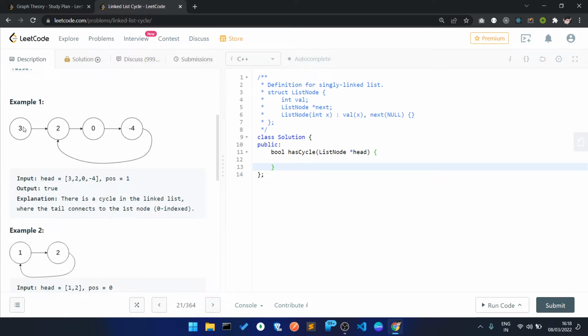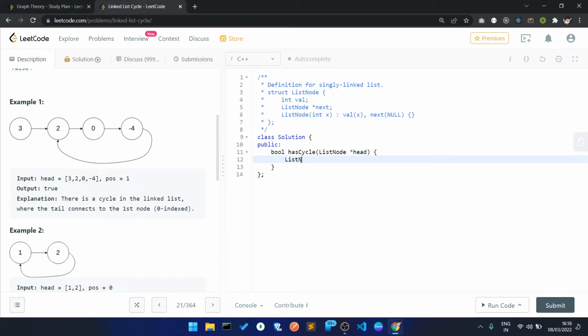If they point to the same node, this is the case when a cycle is present. Otherwise, if it never reaches the same node, in that case a cycle is not present. So let me just write the code, then you will understand what I'm trying to explain.